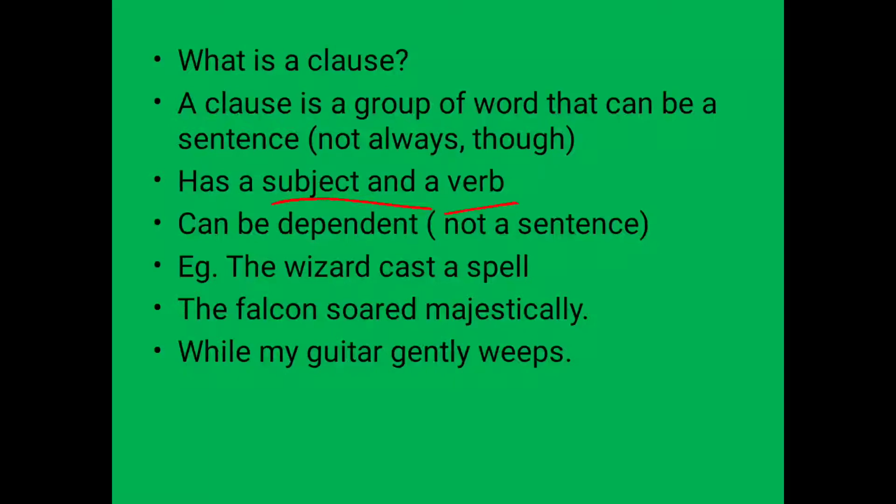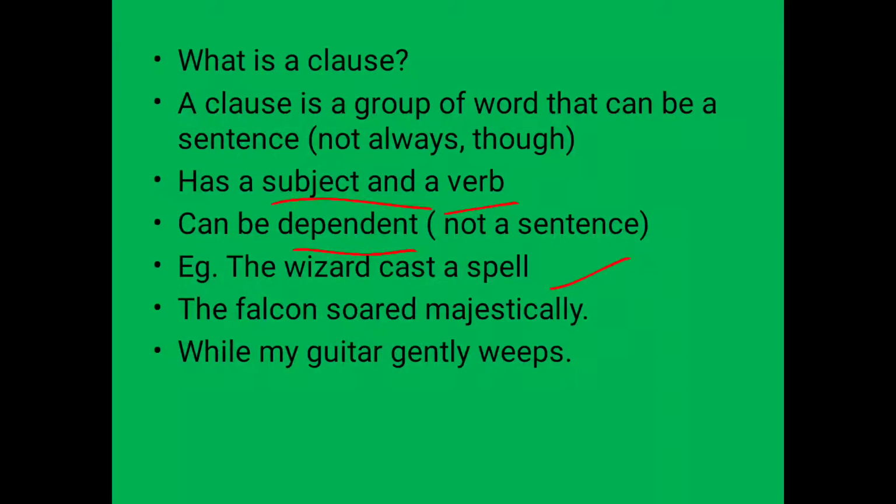A clause could be a dependent clause, which can't stand on its own. For example, "the wizard who casts a spell". That can't be its own sentence, so that's not a sentence. But a clause can also be independent. If we say "the wizard casts a spell", that's also a clause.